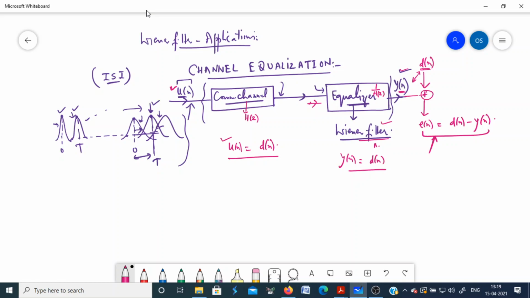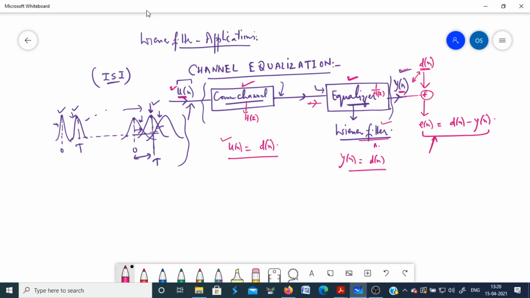Okay, and since these two are cascaded, the overall transfer function is unity. It means whatever signal you transmit at the input, the same will be received at the output. Okay, so this equalizer will cancel the effect of the channel in that case.